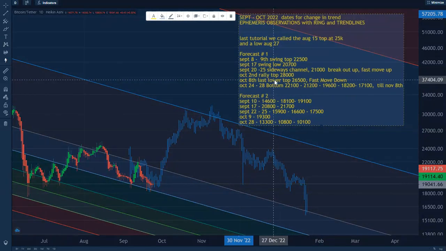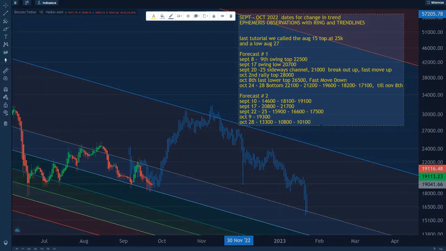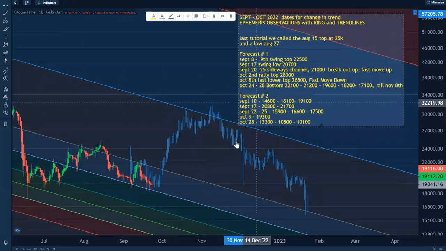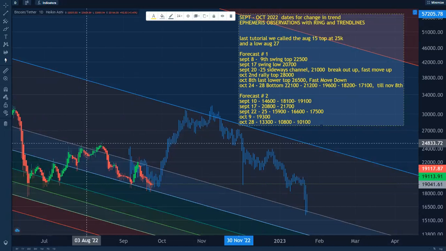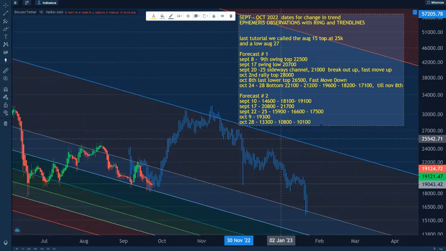Okay, you guys. So these are all from my last tutorials. I wanted to point out that it is possible that we just go completely sideways. Neither one of these two forecasts actually play out, and we instead just go completely sideways right here.